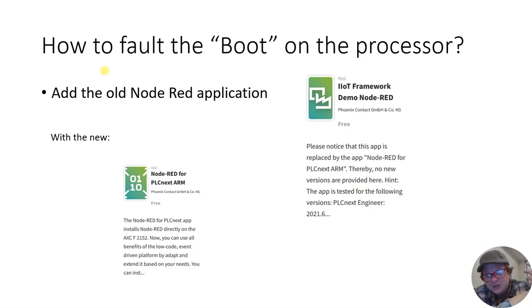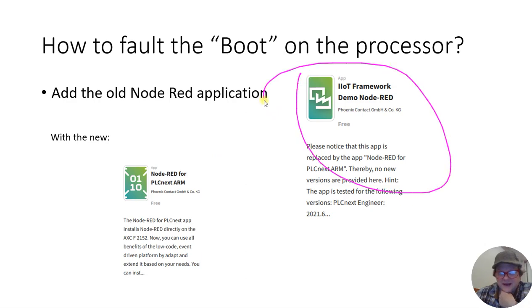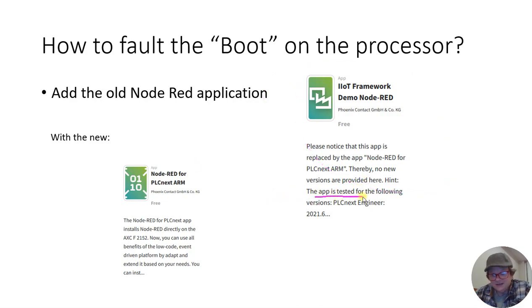But I know what I was doing ahead of time. I was trying to get Node-RED to work, and I loaded this one after I had already put this on here. If you go to the store and read, it says the versions they're built for.